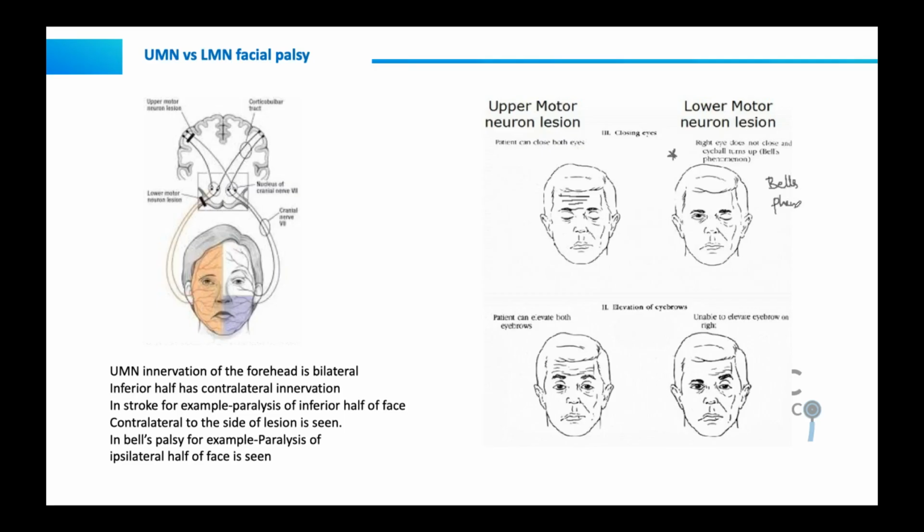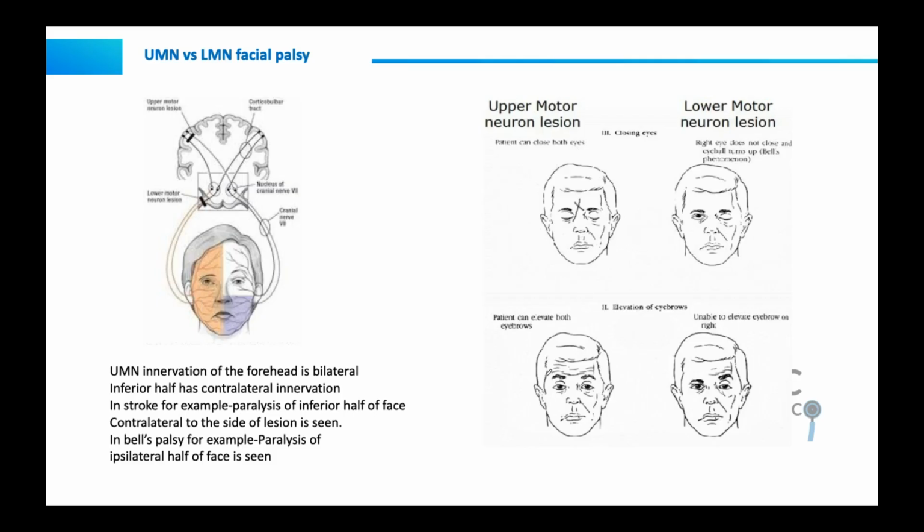What happens in this Bell's phenomenon is that when a person tries to close both of his eyes, because of the involvement of orbicularis oculi, on the involved side he cannot close the eye. The eyeball tries to turn up, but the eyelids do not close. This is known as Bell's phenomenon, seen in Bell's palsy. That is not seen in case of UMN type of lesions.